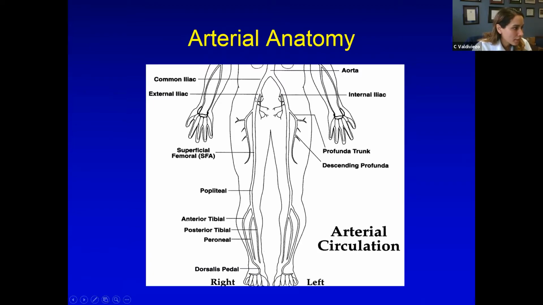The external iliac arteries will descend down the legs and then turn into the superficial femoral artery, the SFA, then at the level of the knees, approximately, into the popliteal, and then will further branch into the anterior tibial artery, the peroneal artery, and the posterior tibial artery. The anterior tibial artery will turn into the dorsalis pedis artery in both legs.